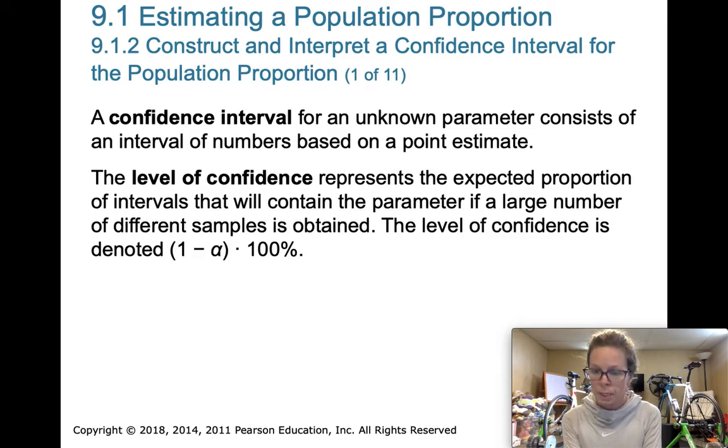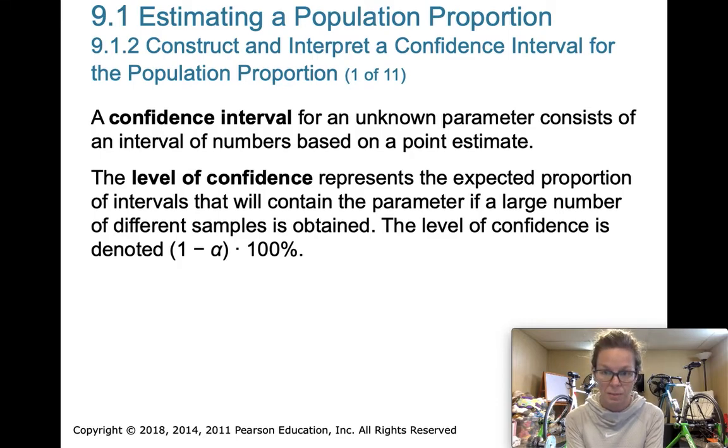So typically we think about being 90, 95, or 99% confident. Now, the idea of confidence intervals is very misunderstood by the public in general and by students early on in statistics. So hopefully we can get this straight. If I say that I am 95% confident, I have a 95% confidence interval.